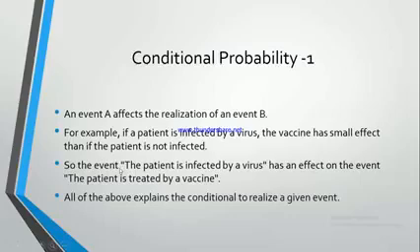So the event the patient is infected by a virus has an effect on the event the patient is treated by a vaccine. All of the above explains the conditions to realize a given event.